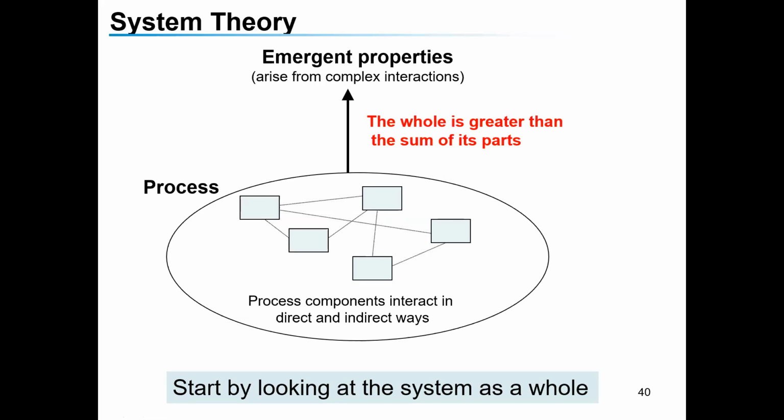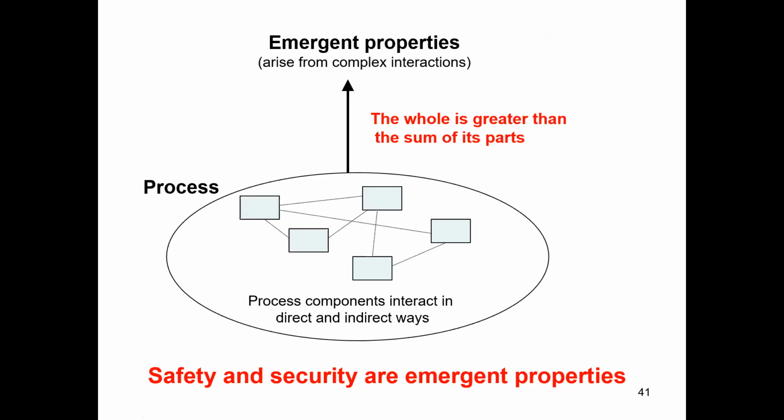That's really what we mean by emergence. So we need to start in complex systems by looking at the system as a whole. This may sound impossible, but it's actually easier and better than trying to break it into pieces.